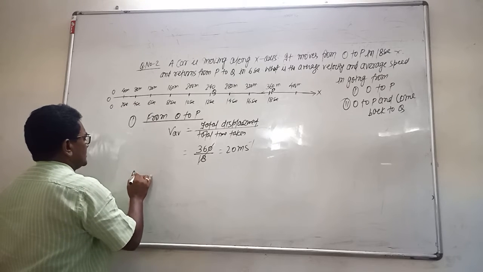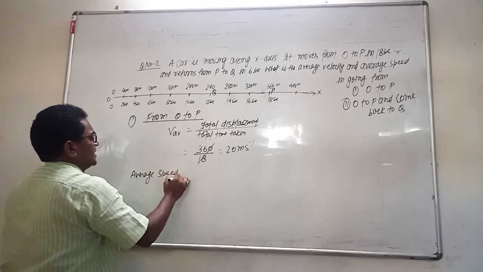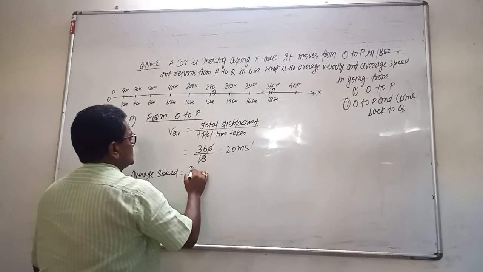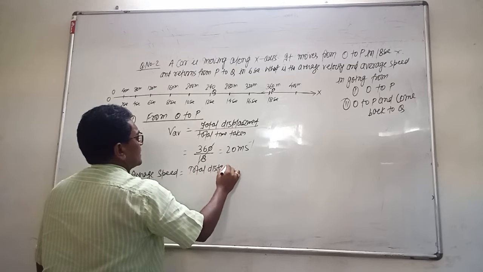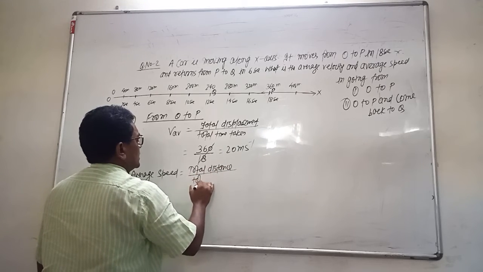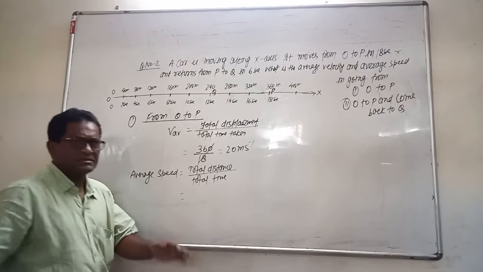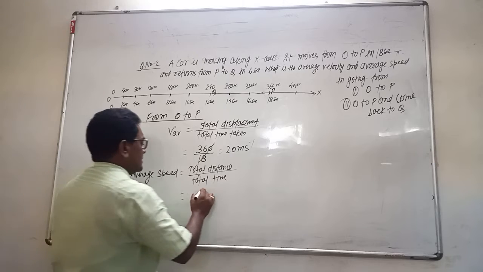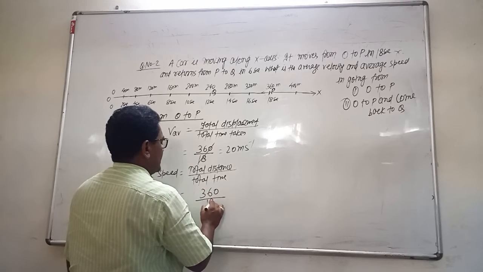Now average speed. The formula is total distance upon total time taken. So in this case, distance and displacement both are the same. Distance is also 360 and time is 18.